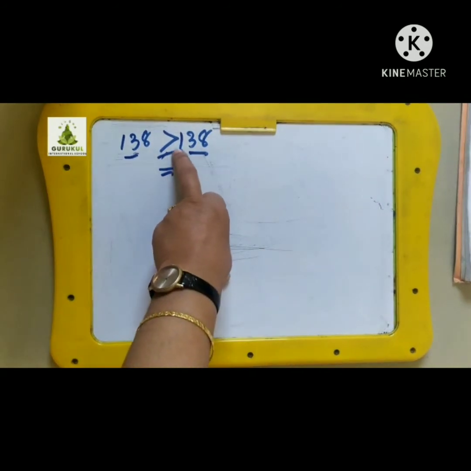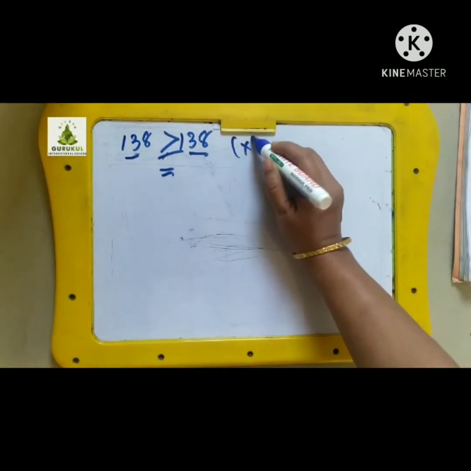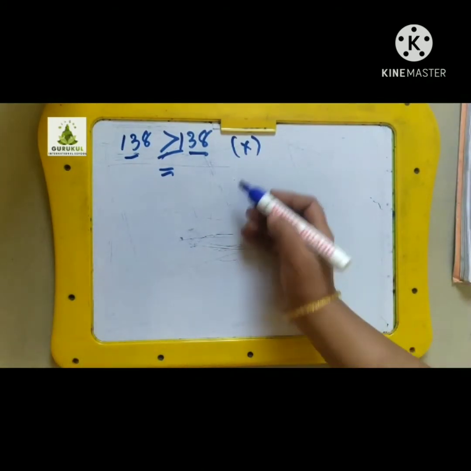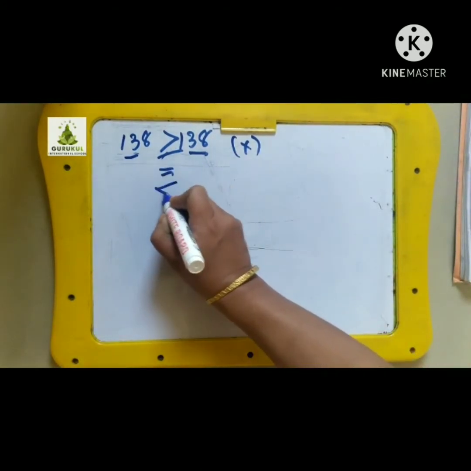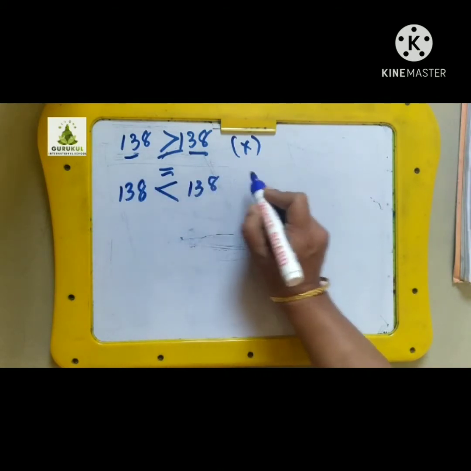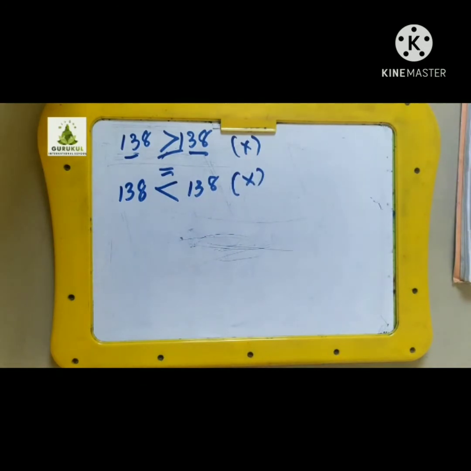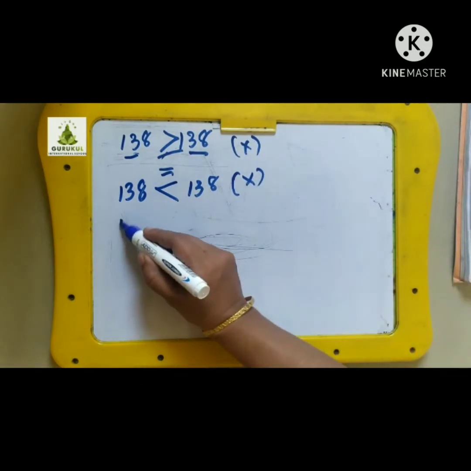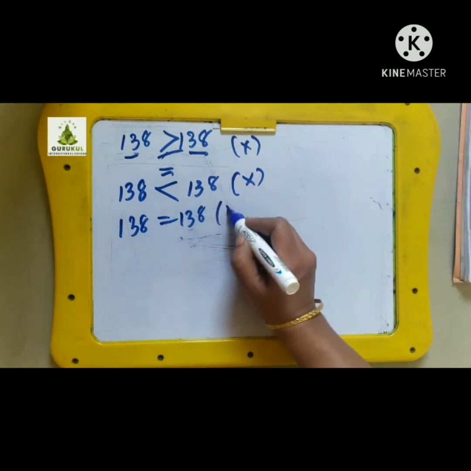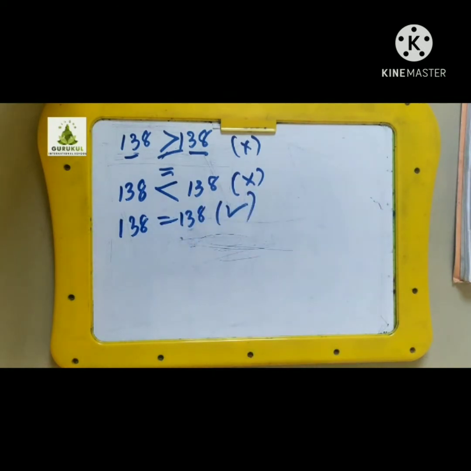But here it is given as greater than, so you say this one is wrong. Then next, the fifth one has the same numbers but the sign is given this way: 138 less than 138. It is absolutely wrong. Then the sixth one is given as 138 is equal to 138. You will say it has to be right.